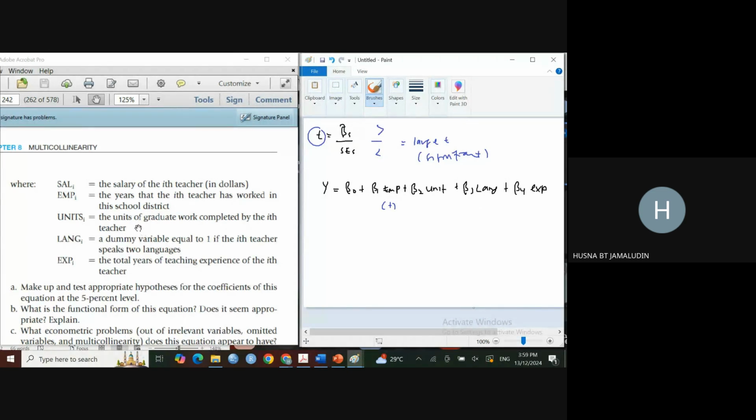How about unit? The units of graduate work completed by the teacher. What do you think about this sign? Graduate work completed by the teacher. Do you think that it will have an impact on their salary? Anyone?